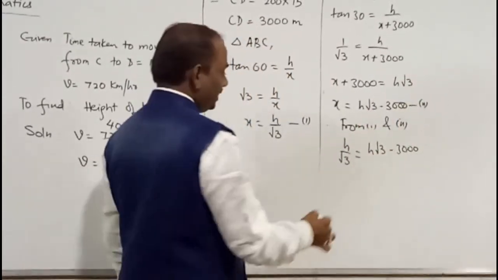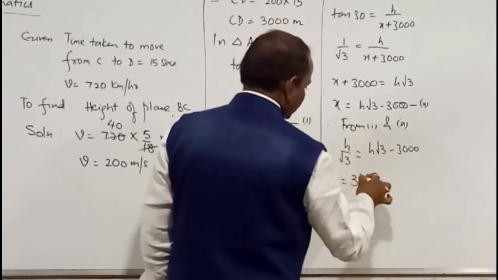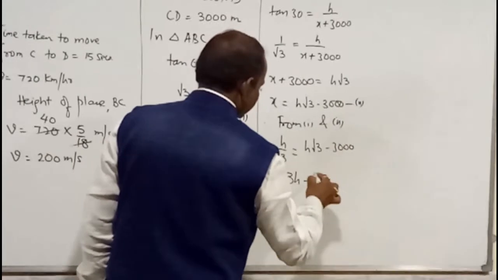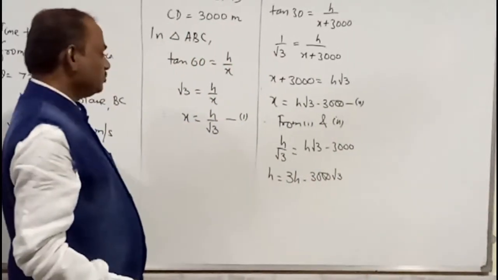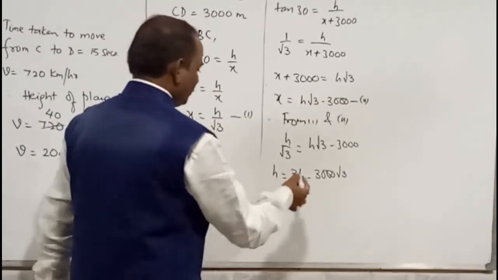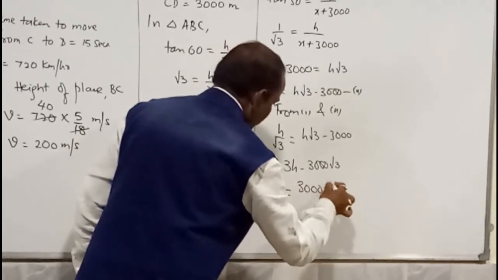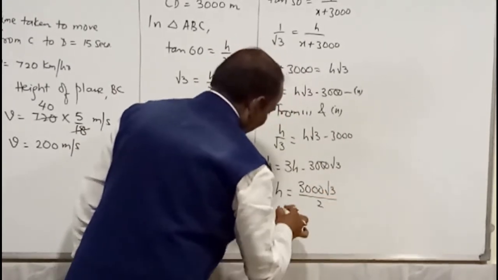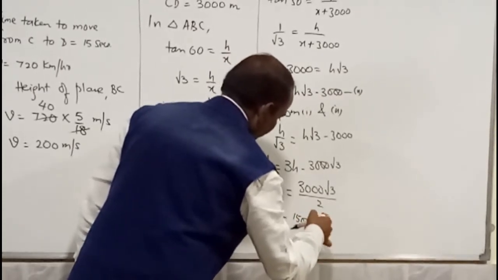If I cross multiply, I get h is equal to root 3 into this is 3h minus this into this is 3000 root 3. Now if I transpose, I get minus 2h, and from there I get h is equal to 3000 root 3 by 2, and that comes as 1500 root 3 meters.